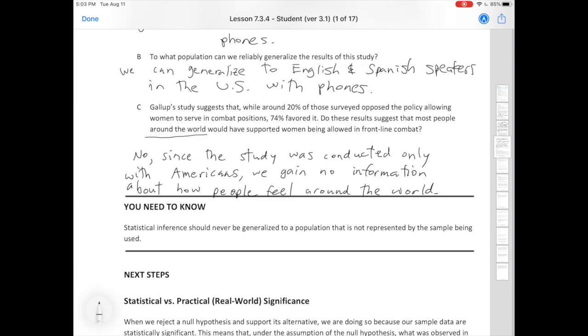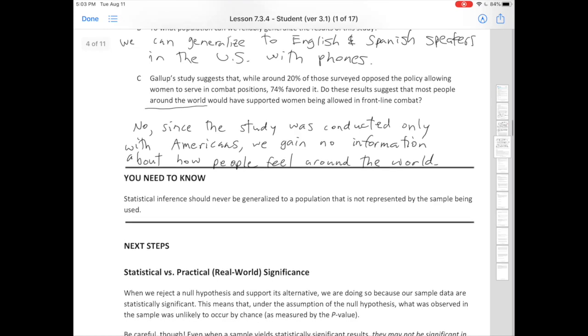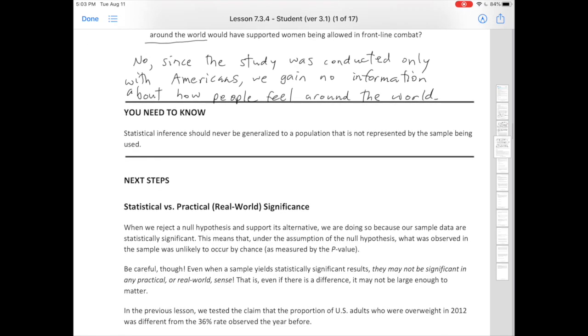Women have very different rights in different countries. So it's very important not to generalize that just because people in our country feel a certain way, we can say that people in another country do too. So the key of this is what we just said here. Statistical inference should never be generalized to a population that is not represented by the sample being used. Very important principle in statistics.